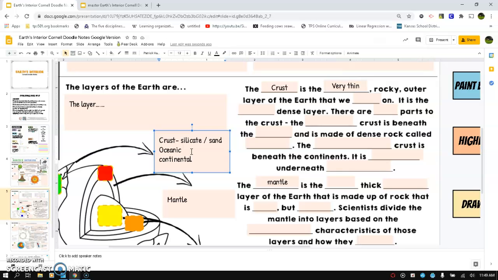Now remember, density is the amount of matter given in a volume, in the amount of volume of a substance, all right? So if I have something that's very dense, it's going to go to the bottom because it's got more matter and gravity's pulling it down.